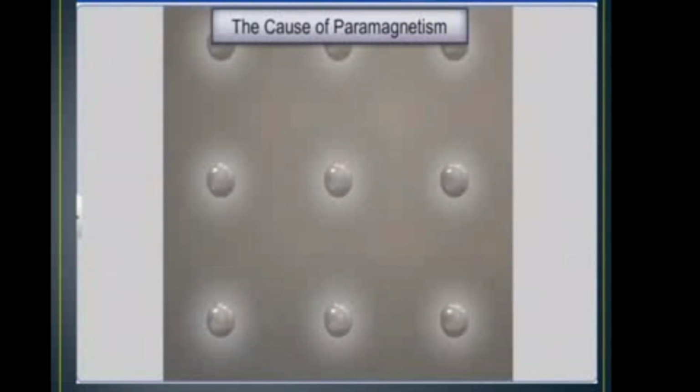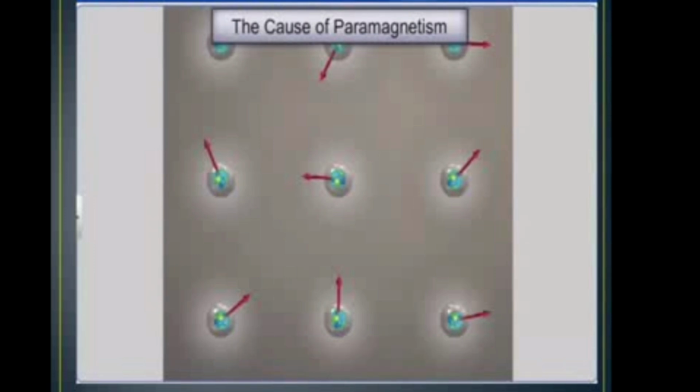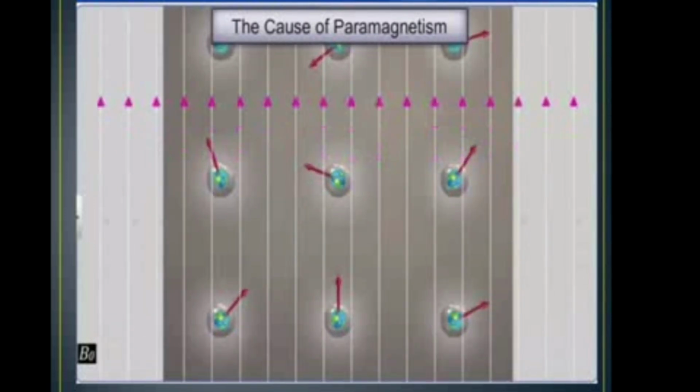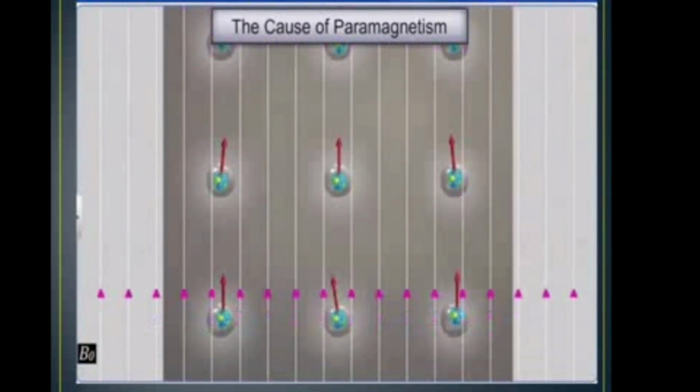Initially, before applying any external field, the electrons are in different directions, in random directions, so the vector sum of the magnetic moment is 0. When an external non-uniform magnetic field is applied, the electrons are arranged in a particular direction.